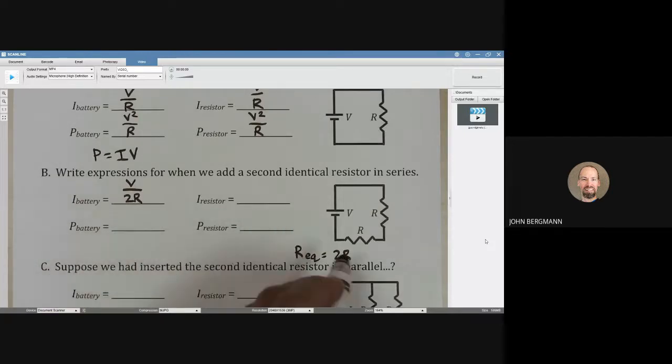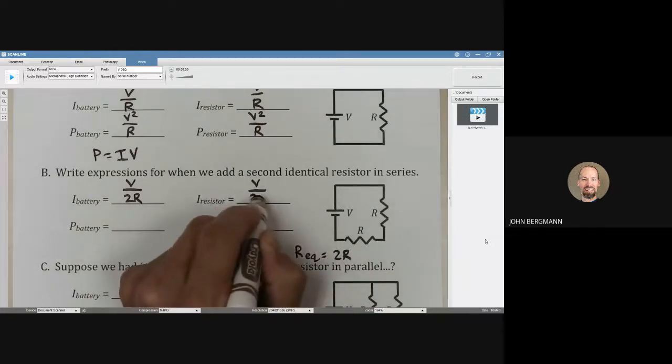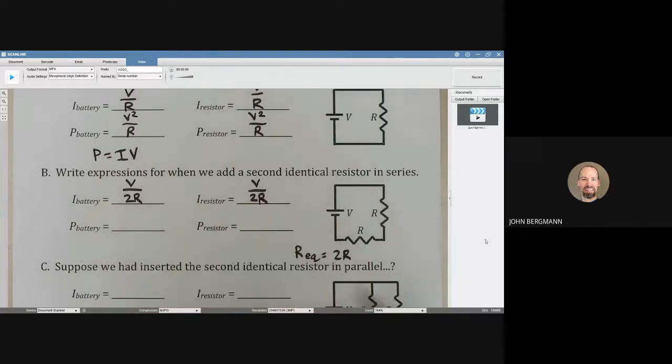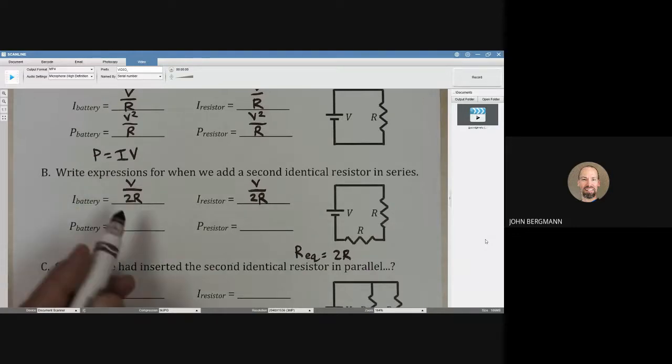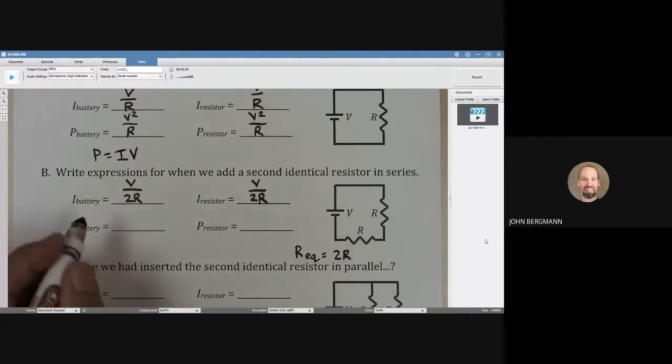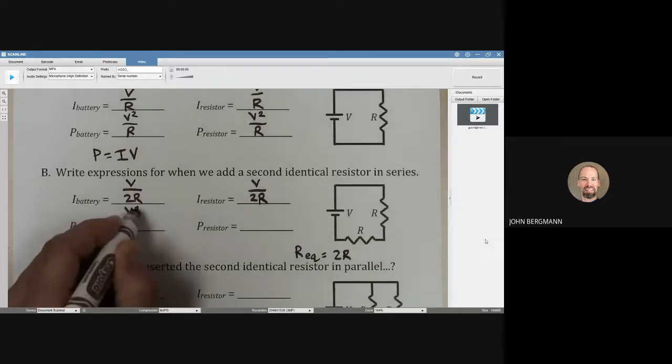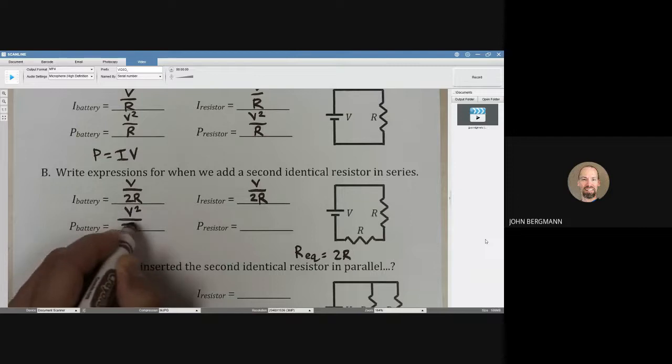That current has to be constant throughout this circuit because there's only one path. So the current that's going through each resistor has the same expression there. The power consumed by the battery is I times V. If we put that I in there multiplied by V, we essentially get V squared over 2R.